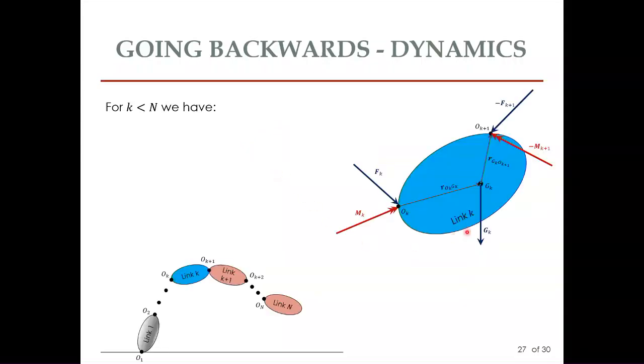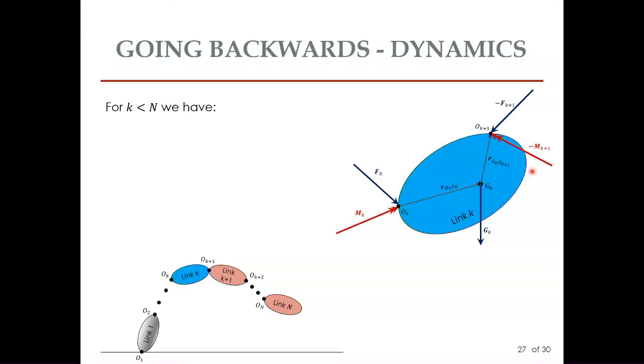Okay, so let's say this is the free body diagram of link k. When we did link k plus 1, we could calculate F(k+1) and M(k+1) in a similar way like here. So now we assume that we know that.